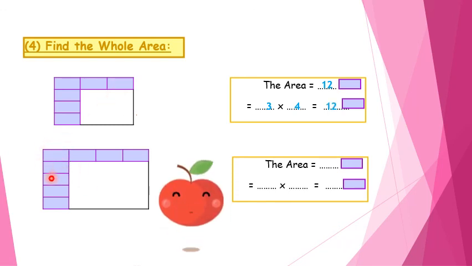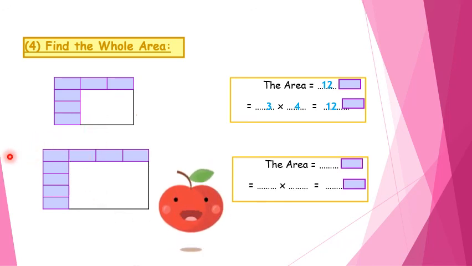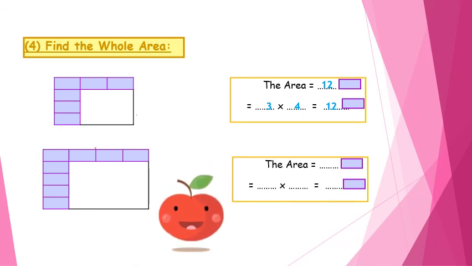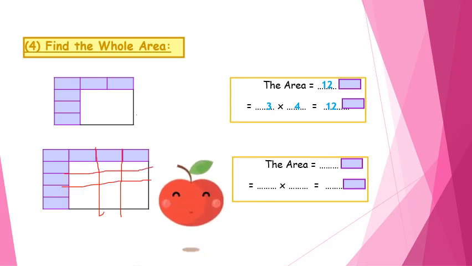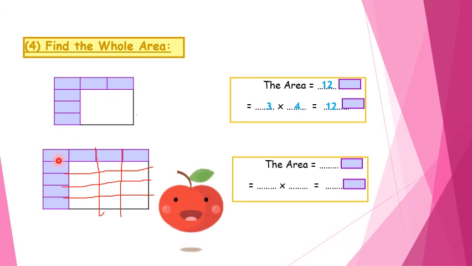Here I can connect the shape, or I can just find the area from the number of rows and number of columns. You can connect the shape like this, but please try to use your ruler to do it. Okay, connect the shape and count what's inside of it. Or I can find the number of rows by number of columns.